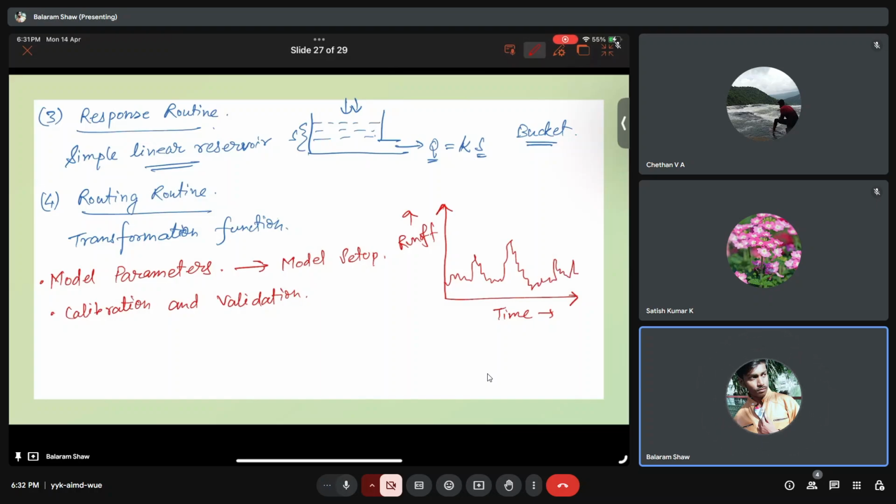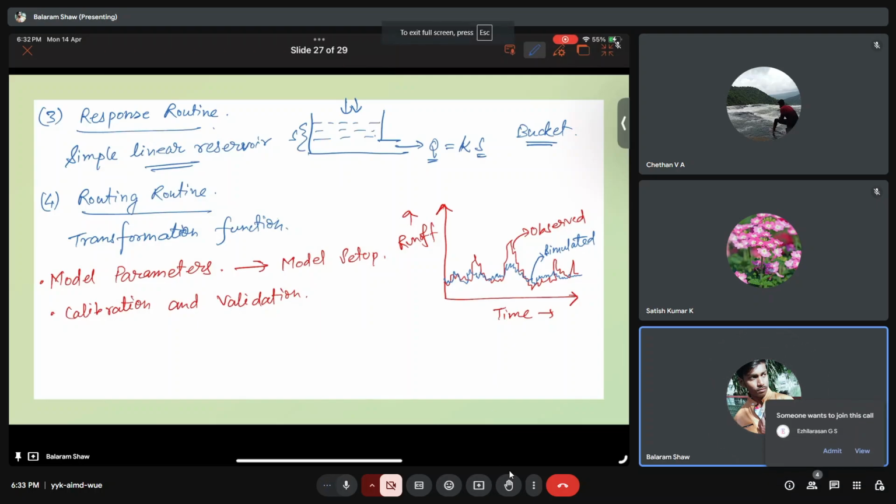And you have the simulated runoff something like this. Here the blue one represents the simulated runoff by the model, right? Now if you look visually, without any performance metrics, you can say whether your model is very good or not very good.